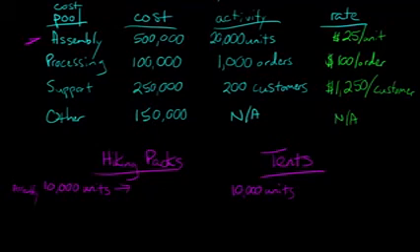What is that going to lead to in cost? Well, we have that $25 a unit. So for each of these, it's going to be $250,000. Let me change again. So $250,000 is the cost.